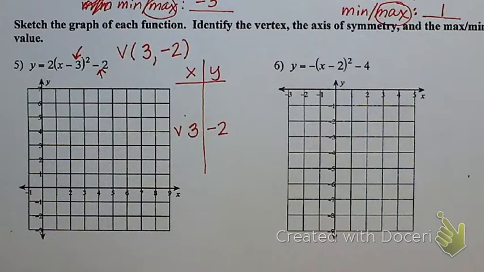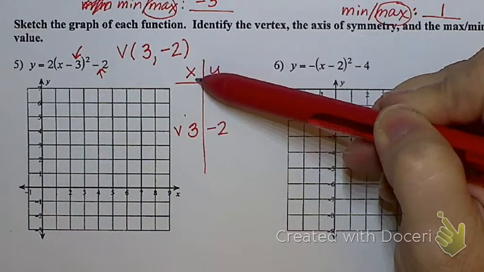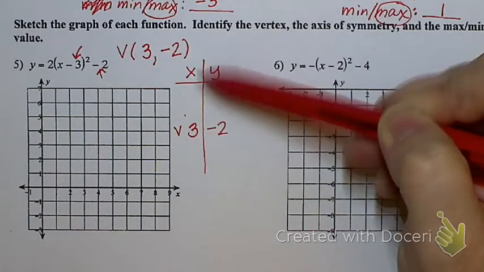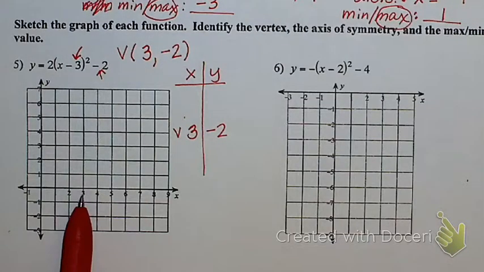So what's that going to do? That's going to change the numbers that I have to put in my XY chart. So let me think about this for a minute. The 3 is an X value, correct? If I look at 3 on my x-axis, that's right here. I need the 2 numbers closest to it on both sides.